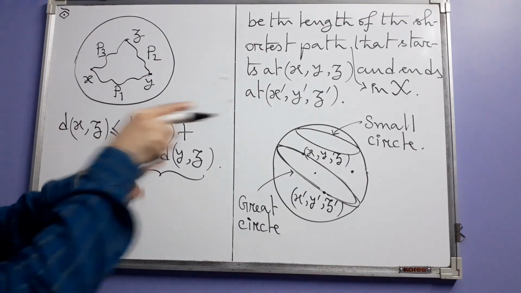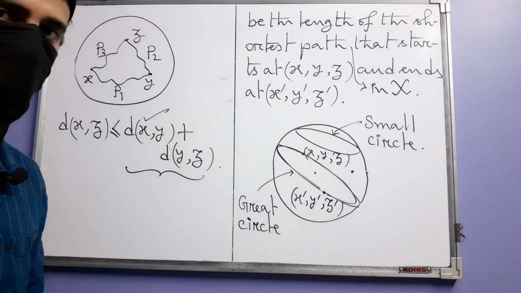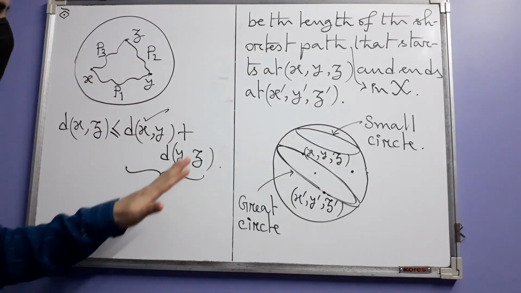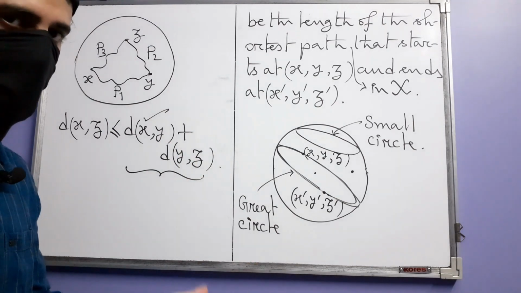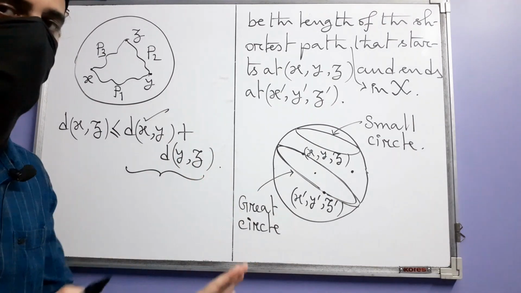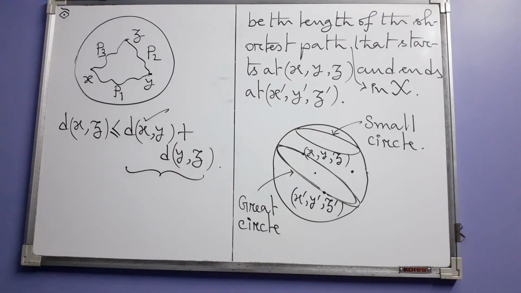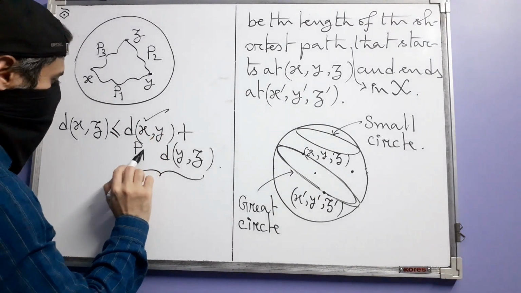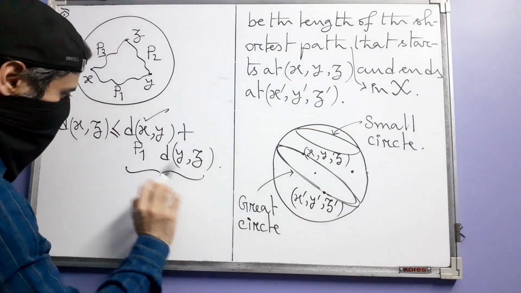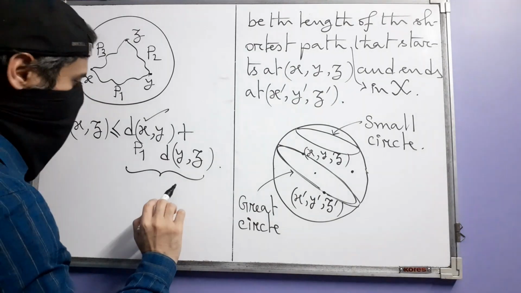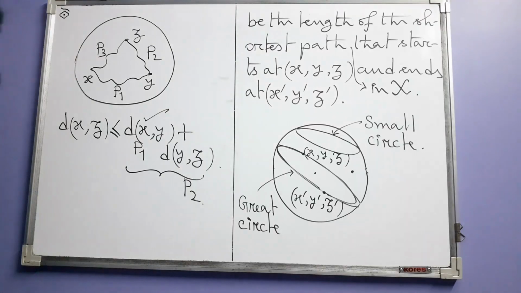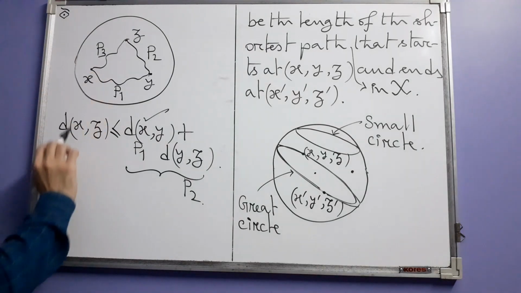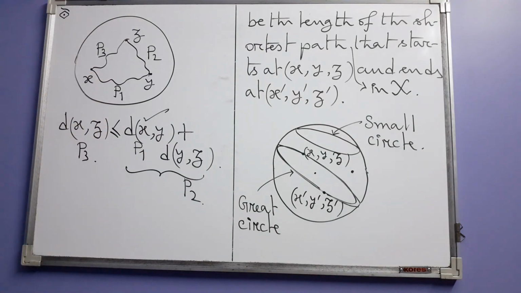These paths may actually intersect one another. Although we haven't shown that here, they may intersect one another, but that does not have any effect on our argument. So this is the length of P1, the second one is the length of P2, and this is the length of P3.